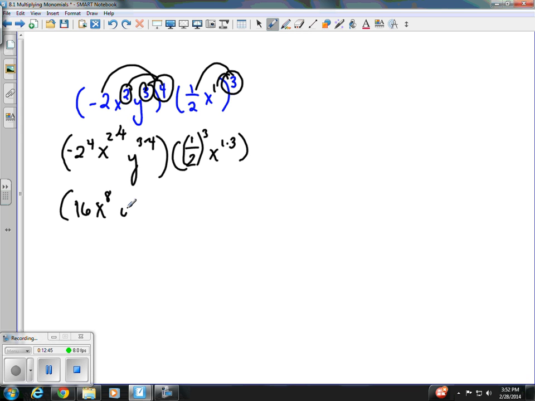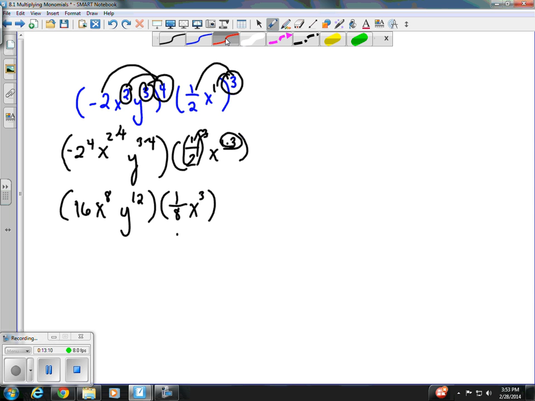And I'm going to drop down my y and say 3 times 4 is 12. Now, raise 1/2 to the third power, so that's 1 to the third power. So that's 1 over 2 to the third power, which is 8. Now I drop down my x and say 1 times 3 is 3.